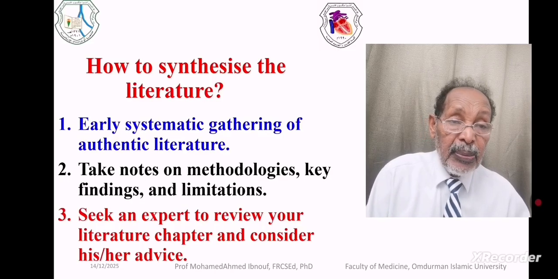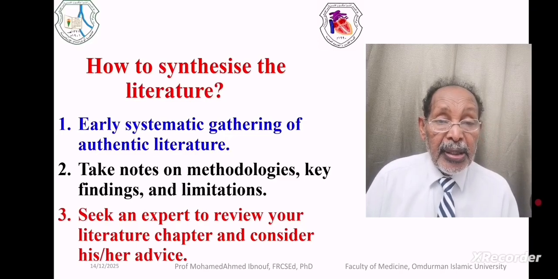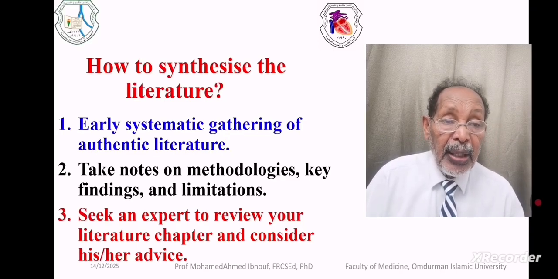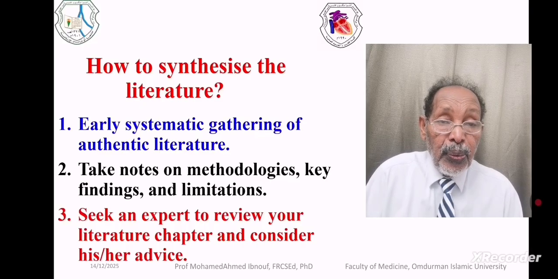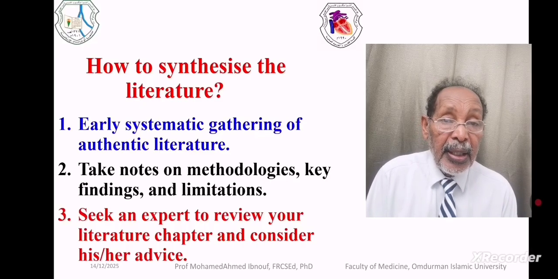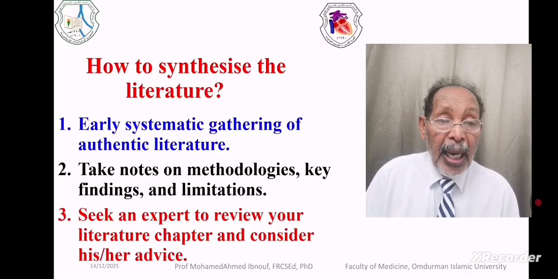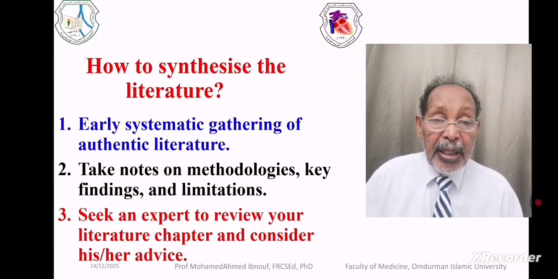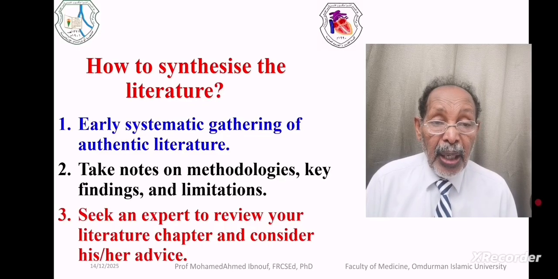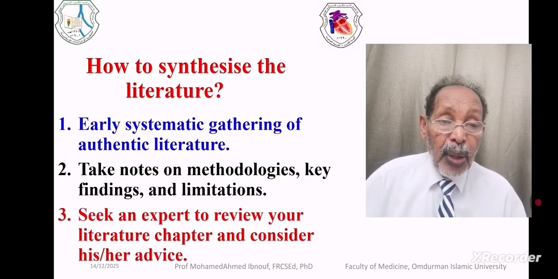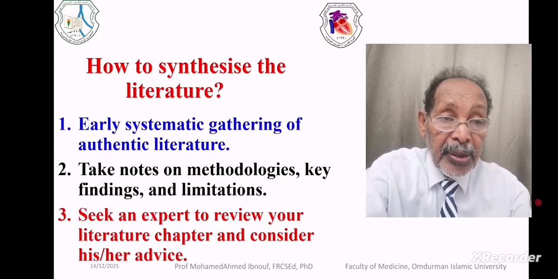Those with similar limitations, we write a note about them. Now we have made a summary of the whole lot of things we have chosen. Then we write our literature review, and we seek an expert to review what we have written, and then we have to respect his views and amend our writings.